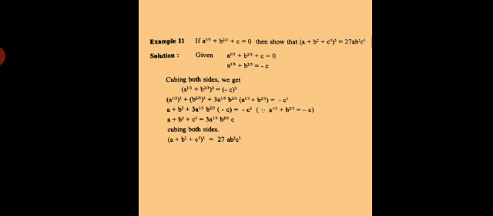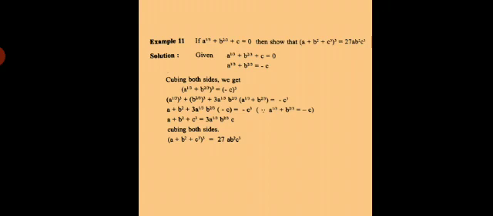Now in the next step, expand it using the formula (a + b) the whole cube. What is (a + b) the whole cube, students? Using the algebraic identity, (a + b)³ = a³ + b³ + 3ab(a + b).